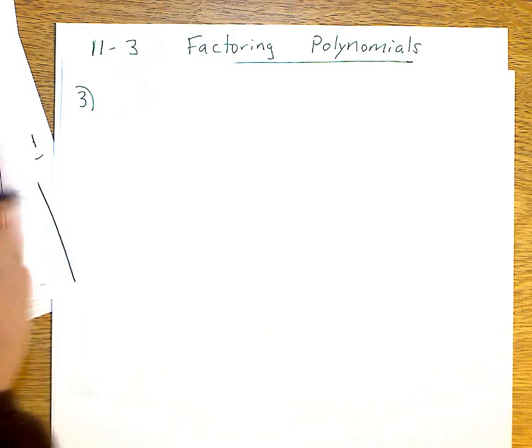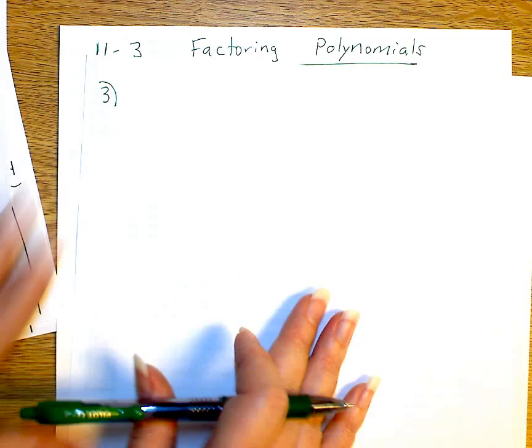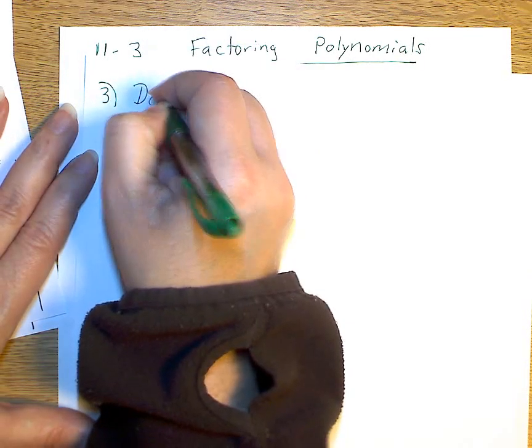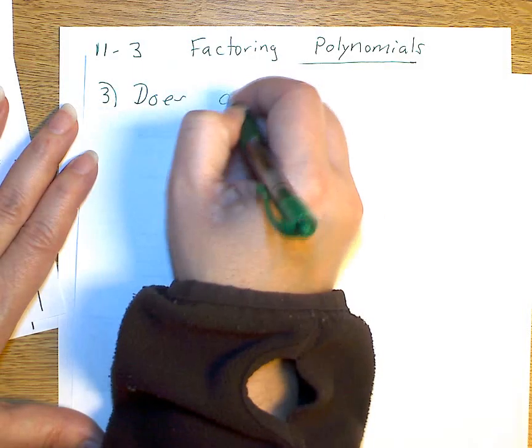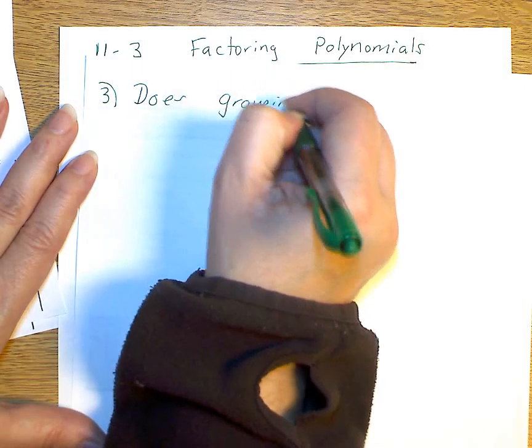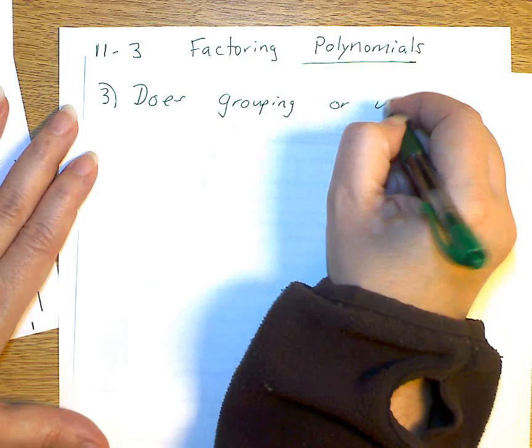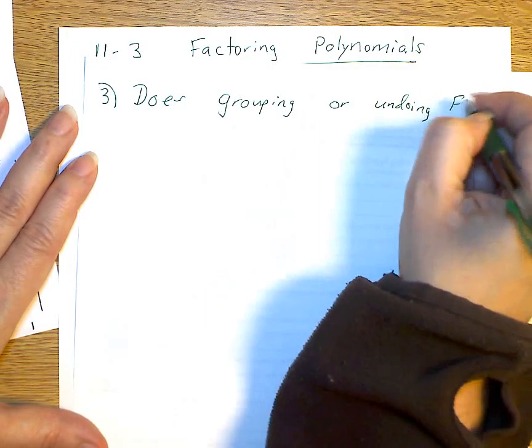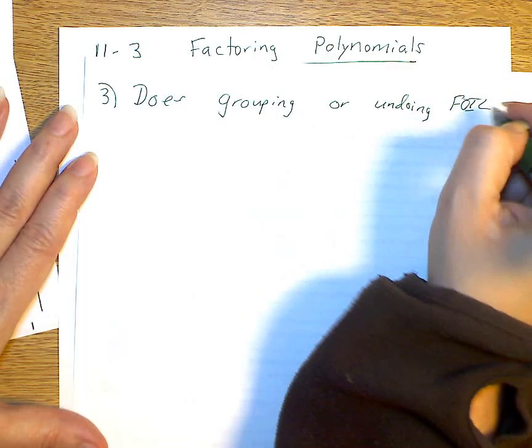So the third question you're asking yourself is, does grouping or undoing FOIL work?